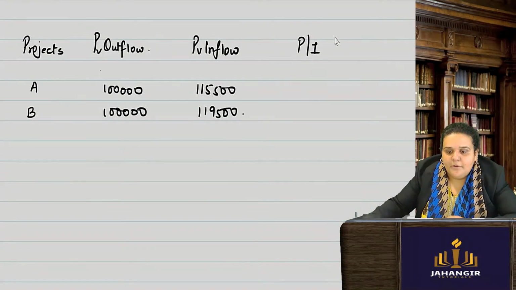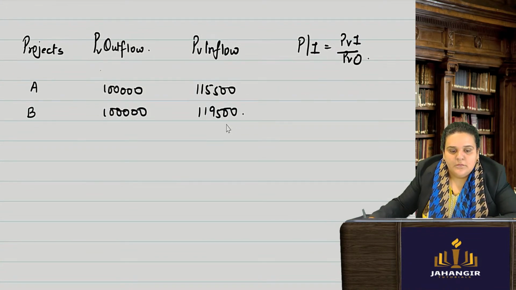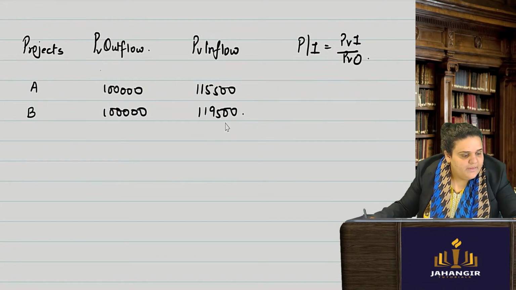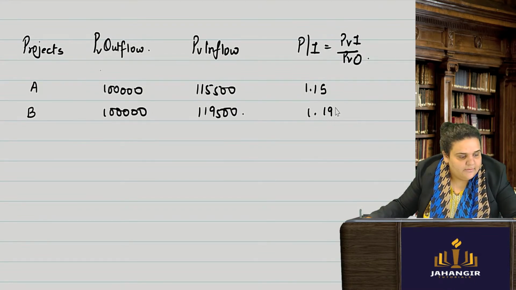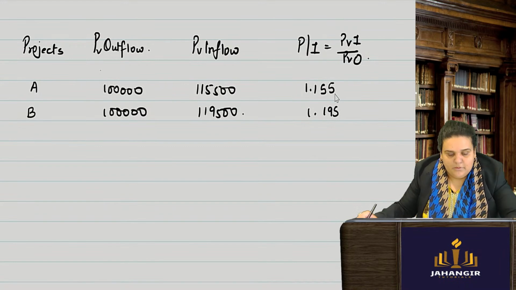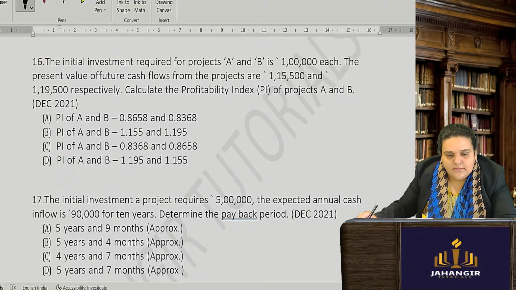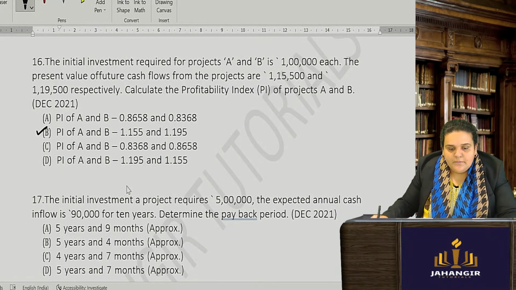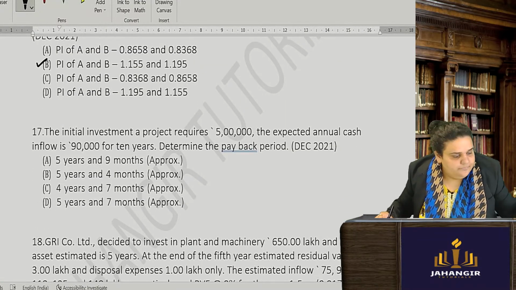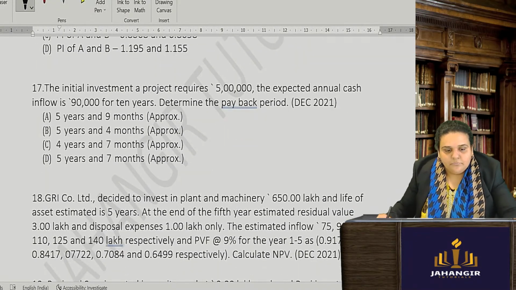PV inflow upon PV outflow. So, profitability index of A is 1.15 and of B is 1.195. Let's see, this is the answer. Option number B. Simple.